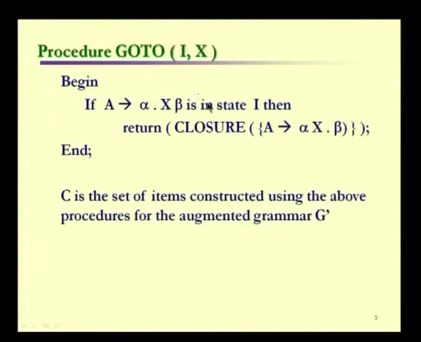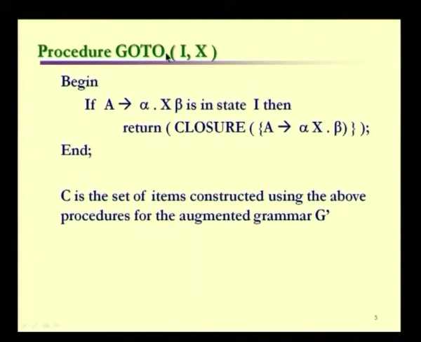And as far as the goto algorithm is concerned, I said already it has two parameters. One is I, the current state, and the second is x, the grammar symbol for which we are computing the transition. Now, I said the output is going to be either empty or a state we have already generated.